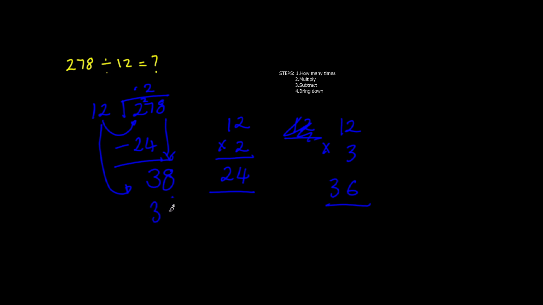So I can write down 36 over there, right? And I'll place that 3 over there, right? Because I have to multiply 12 by 3 in order to get 36. Once I have that, I'll subtract and I'll be left with 2. Since 12 cannot go into 2, my final answer is 23, remainder 2.